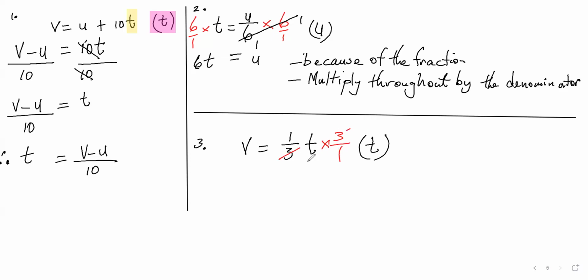So the 3's will cancel, and whatever you do on one side, you do on the other side. That would have given us 3v equals t. Here is my t, I did not move it or anything. I just cancelled the numbers. That's a very important concept in math.